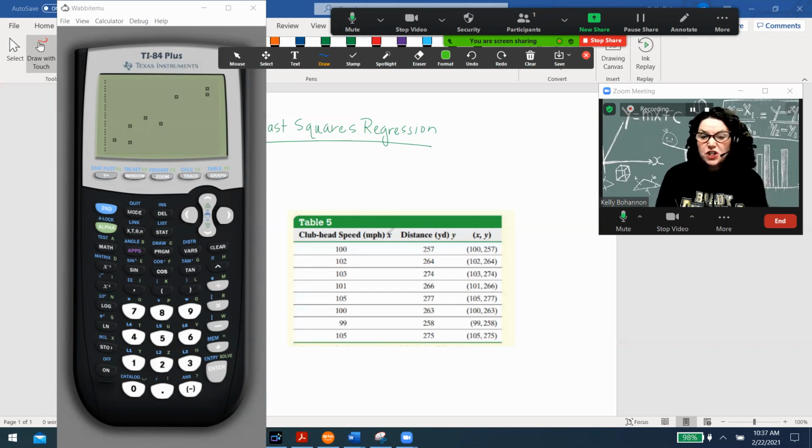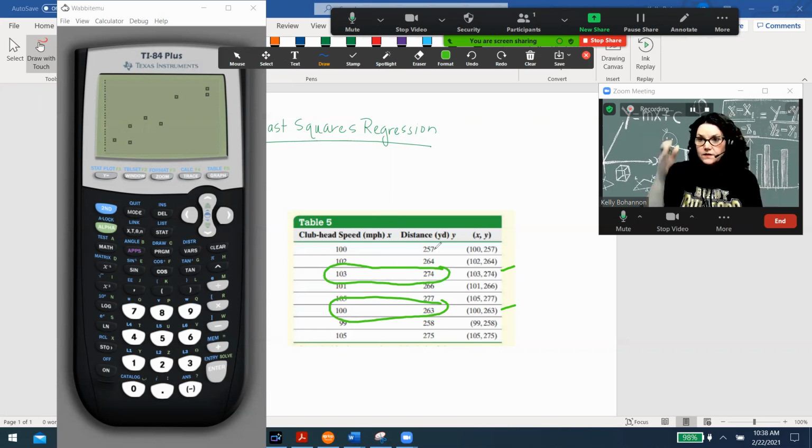Let me clear my drawings here. It doesn't matter which two you choose. Let's say I'll use 103 and 274, and let's use 100 and 263. You can see right here they've written them down as an XY pair. In my calculator, they're in list 1 and list 2. They're an XY pair. So what we're going to do is use, like 9th grade math, the slope formula.